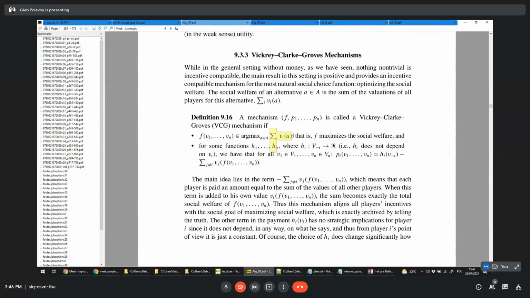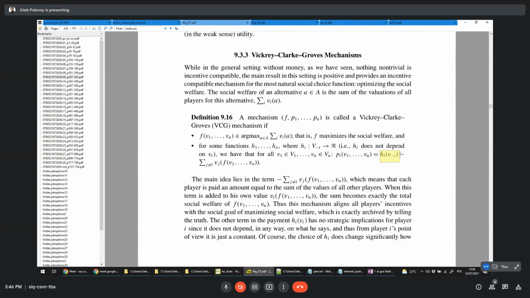And the charge that user i pays is some function, it can be any function, of what the others bid, so it does not depend on that player's bid, minus the sum of what the others, according to their reports, get from the chosen alternative. The chosen alternative is an optimal alternative, assuming that everyone bids truthfully. But the payment is first of all some function of something you don't have an influence on, minus what the others get from the alternative.